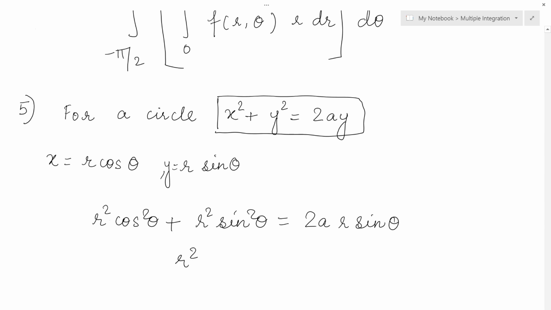So r square will be 2ar sin theta. So the equation of this x square plus y square is equal to 2ay is nothing but r is equal to 2a sin theta. Okay, this is the equation of this curve.